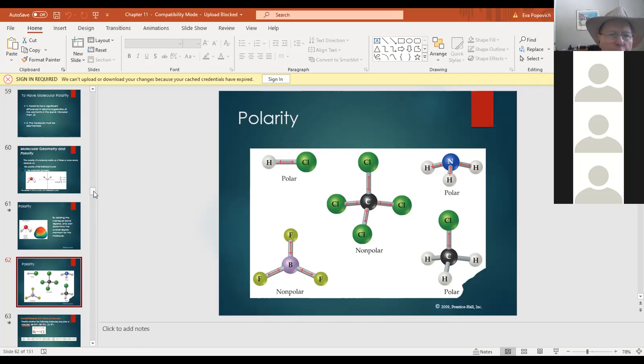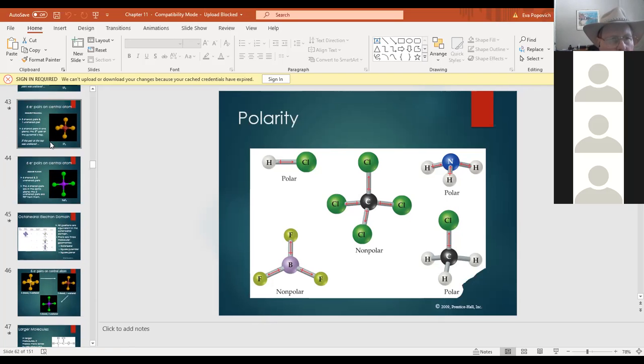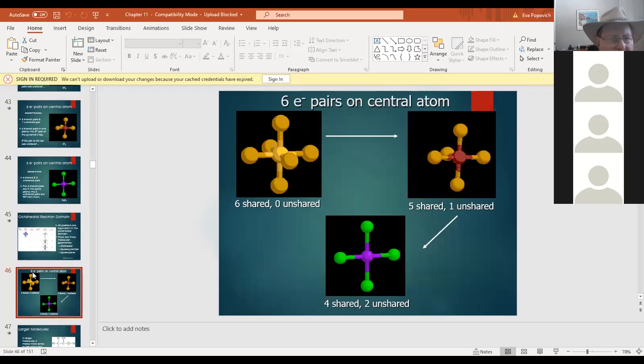Now we have to also apply that to octahedrons. So if I have, let's go with this one. If I have a total octahedron and all the atoms are the same, is it symmetrical? Yes.